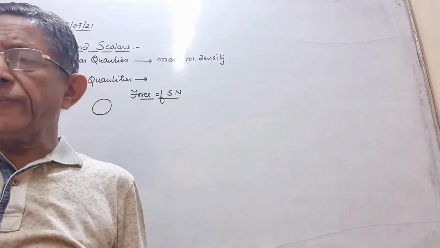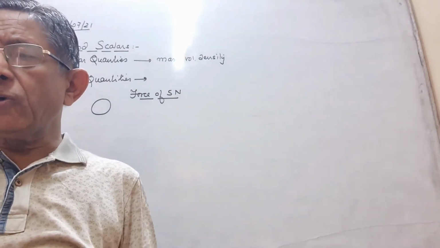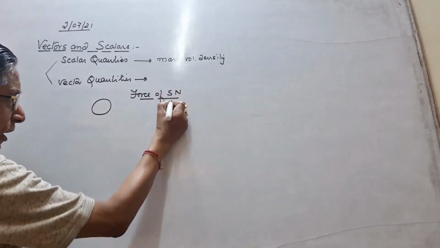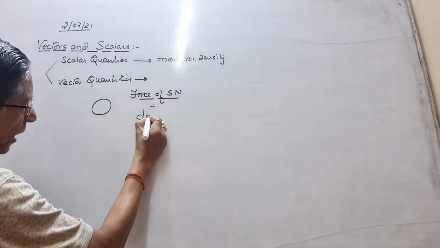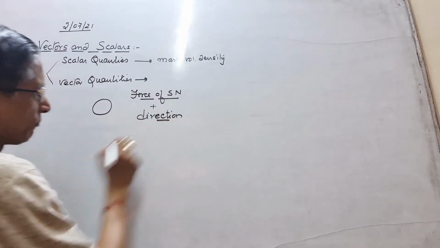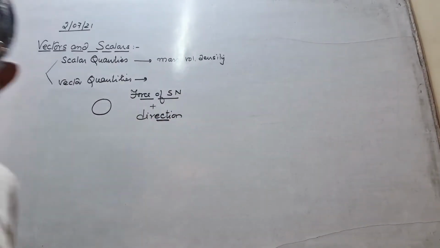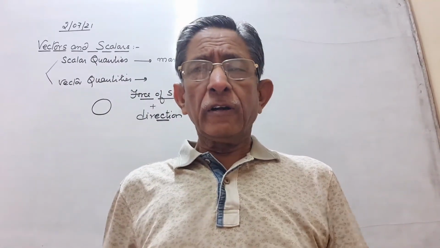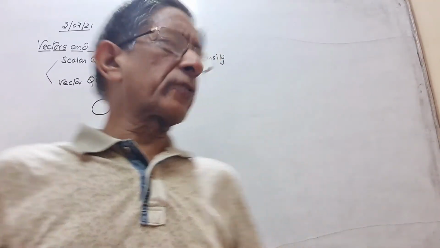So dear students, when I talk to you about force, along with it I have to give direction also. So those physical quantities which have magnitude as well as direction are called vector quantities.